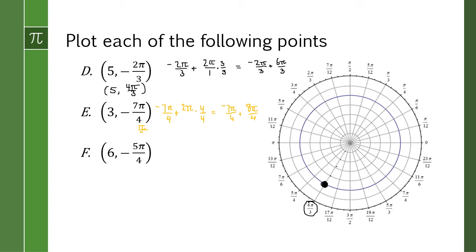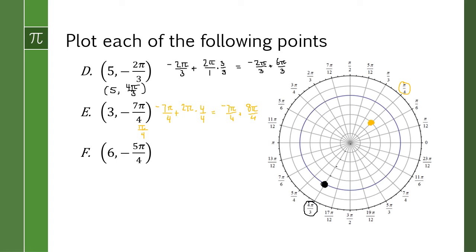So I have a radius of 3 at an angle that's equivalent to 1 pi over 4. My angle here is pi over 4, and I'm going towards that angle with a radius of 1, 2, 3 units. So there's the point 3 comma pi over 4, which is equivalent to the point 3 comma negative 7 pi over 4.